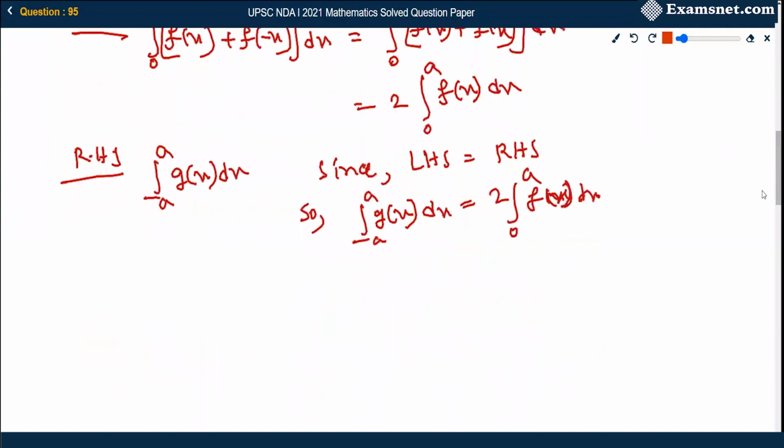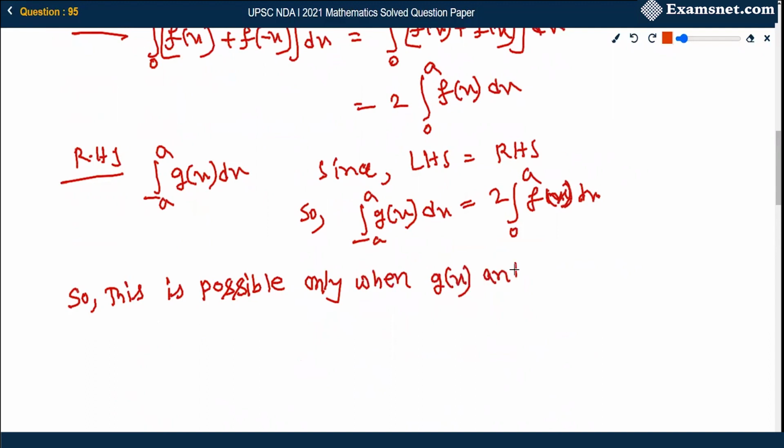We can write this. So this will only be possible when g of x and f of x are both even functions.